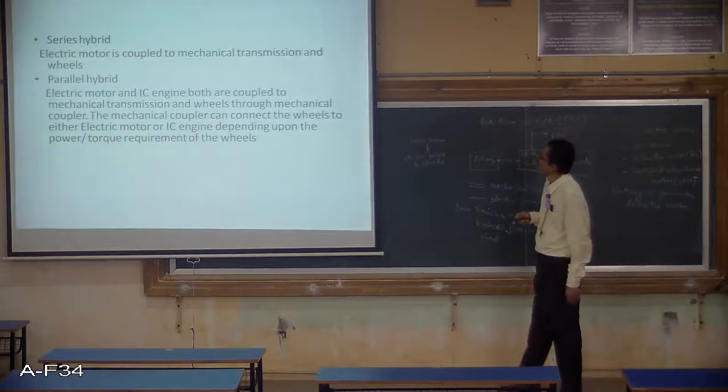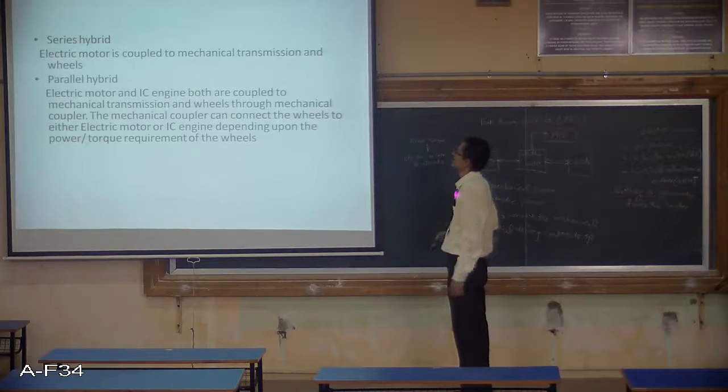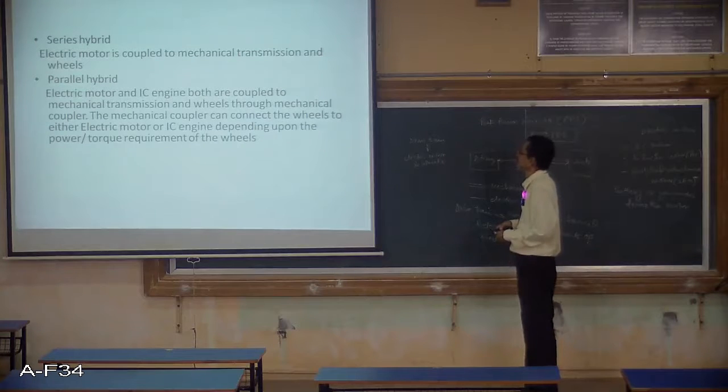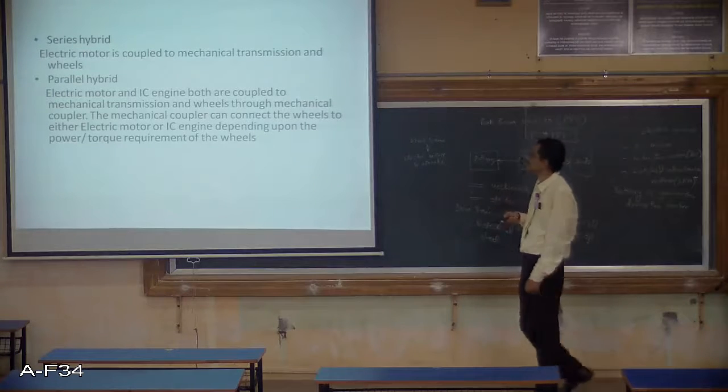So here, in the series hybrid combination, the electric motor is coupled to the mechanical transmission and wheels. In parallel hybrid, the electric motor and IC engine both are coupled to the mechanical transmission and wheels through a mechanical coupler. The mechanical coupler is an additional component required in the parallel hybrid.